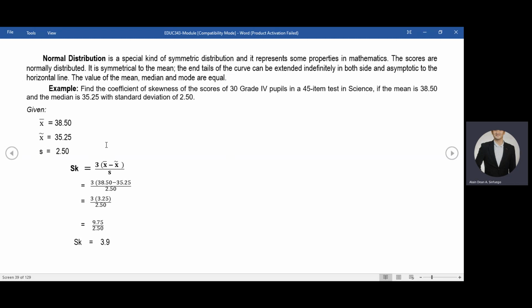You have the coefficient of skewness equal to 3 times the quantity 38.5 minus 35.25, all over 2.5. Simplify everything. You have 9.75 all over 2.5, which is approximately equal to 3.9. That is now your coefficient of skewness. SK is equal to 3.9.